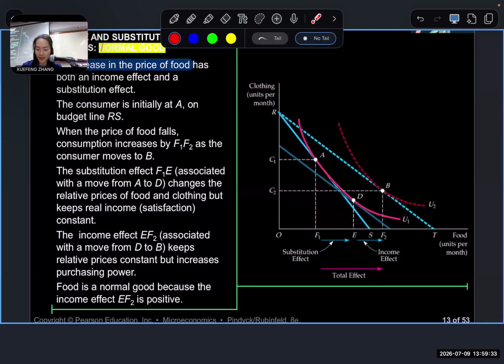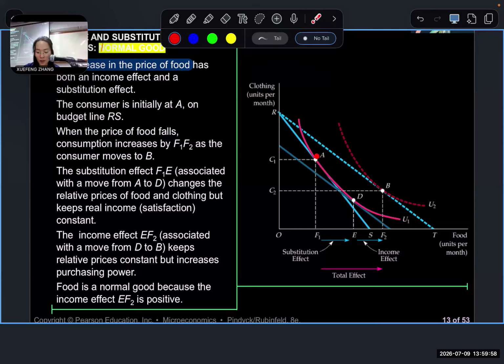Okay, so let's go step by step. Here at first, the consumer is initially at point A, okay? Because we have a budget line here, we have our utility, which is U1, the IC curve here. So point A is our initial optimal point, right?